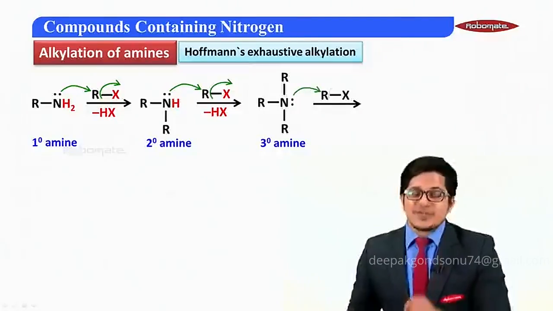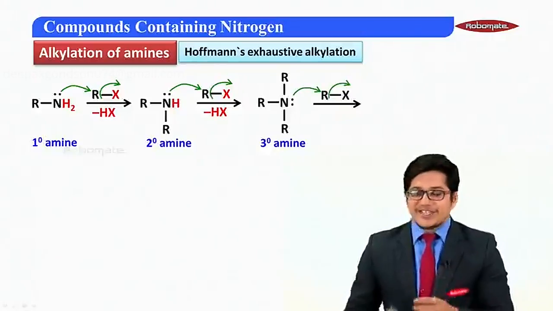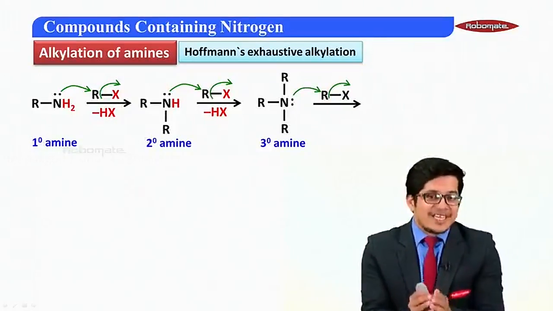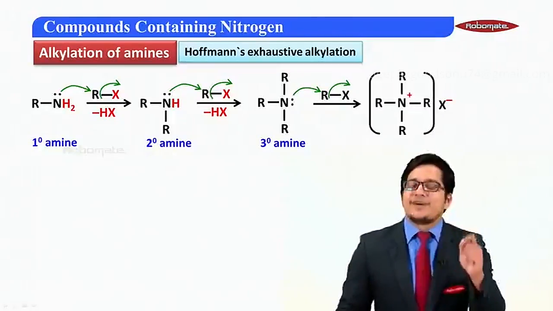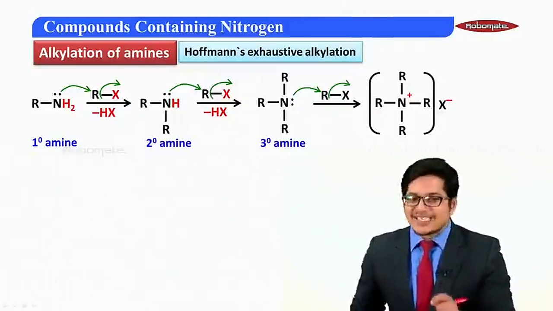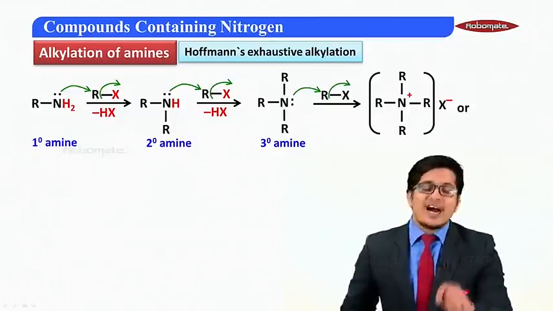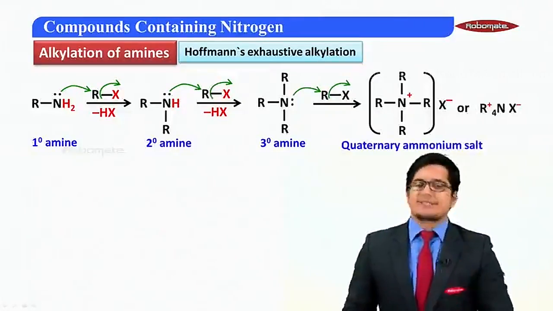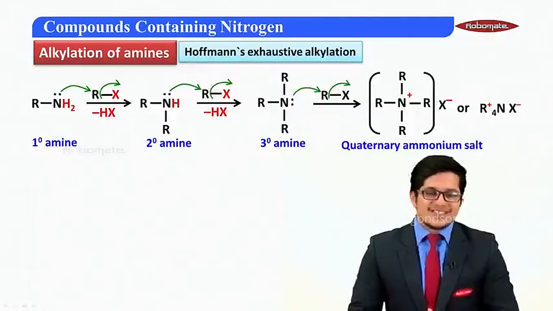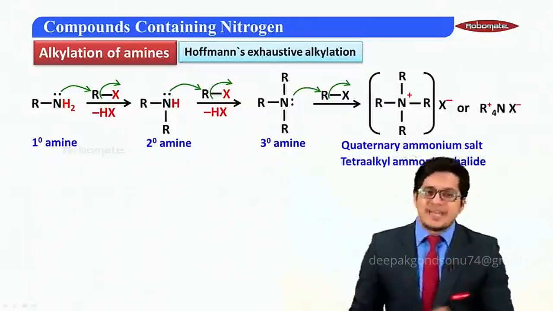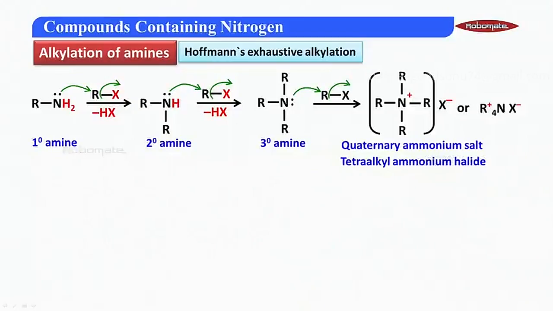Again, nitrogen would donate its lone pair towards R, and now we would get a compound in which nitrogen, the central atom, is attached to four R groups, but now nitrogen has a positive charge, and to this X negative is attached, and therefore we can write this as R4N+ X-, which is a quaternary ammonium salt. A very important name is also tetraalkyl ammonium halide.